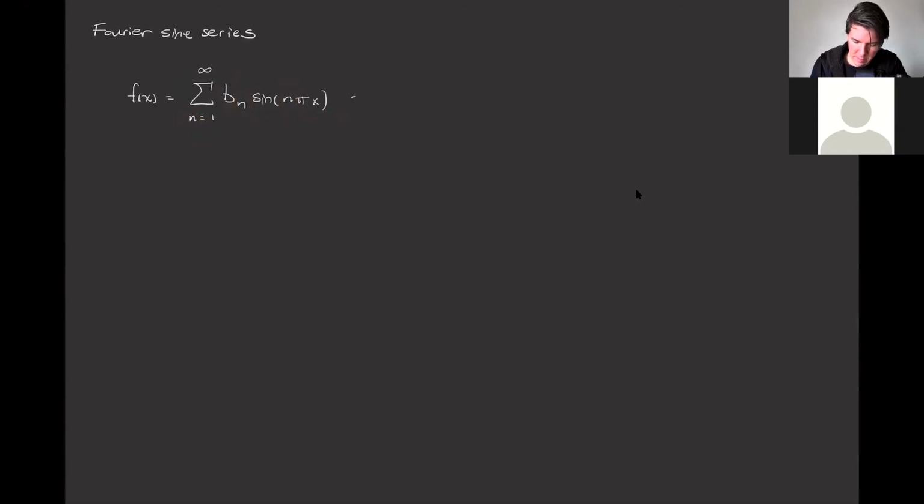To write out a few terms, what this would look like is b sub 1 sine of 1 times pi x, or just pi x, plus b sub 2 sine of 2 pi times x, plus b sub 3 sine 3 pi x, and so on. I usually like to just see what the series looks like expanded a little bit.